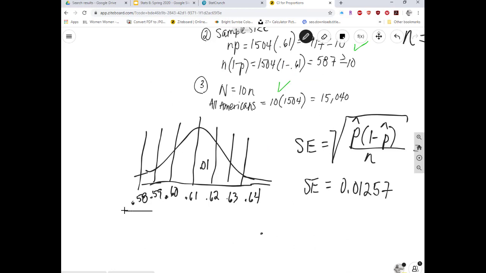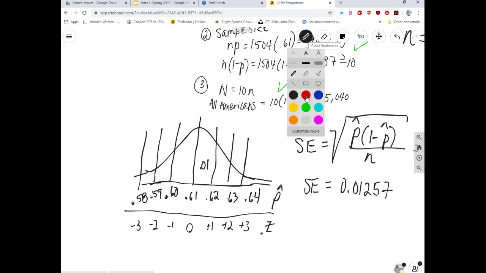Okay, these are my p-hats. And these are my z-scores. What z-score goes exactly in the middle? 0. And then I get +1, +2, +3, and the opposite direction is going to be -1, -2, -3, okay? And I want a 95% confidence interval. So I'm really looking for this number that's down here and this number that's right here, right?